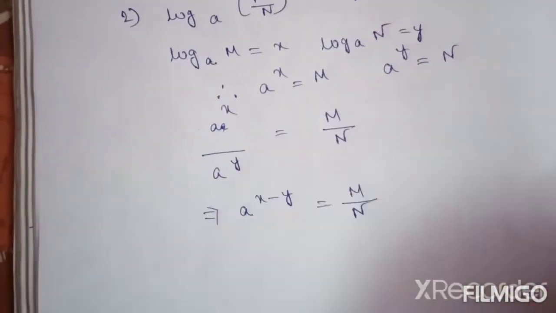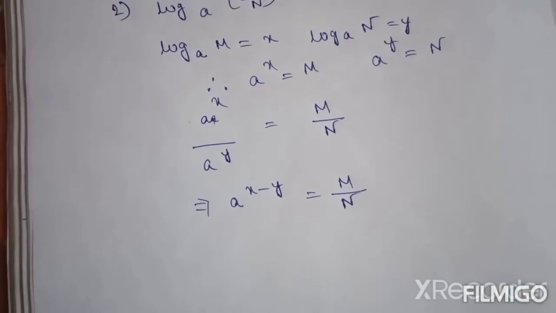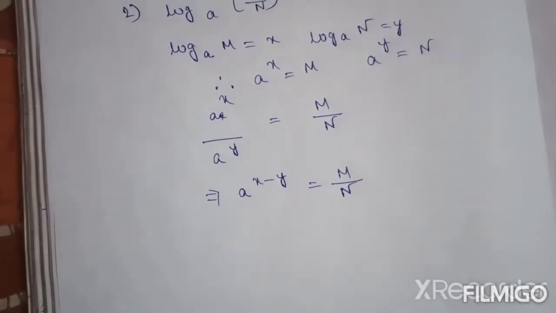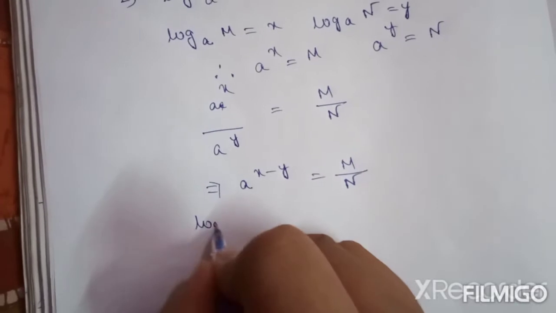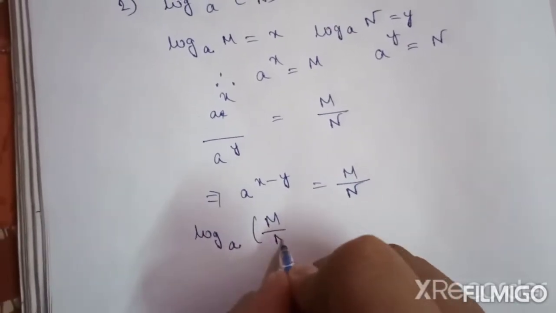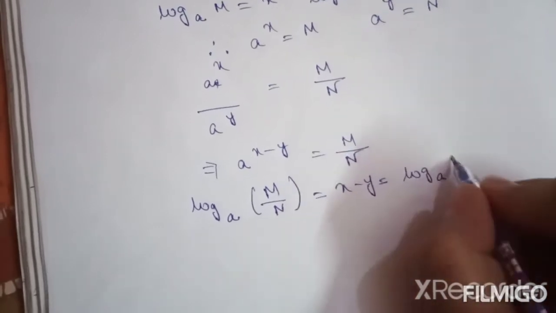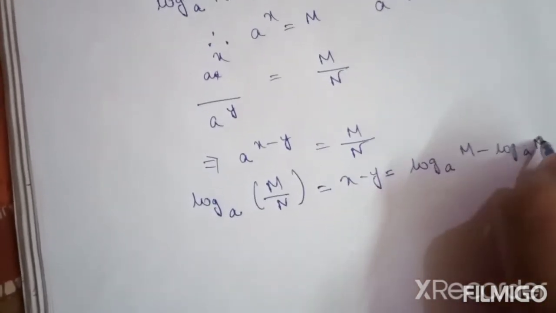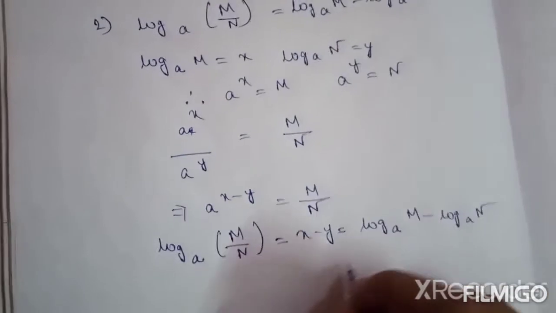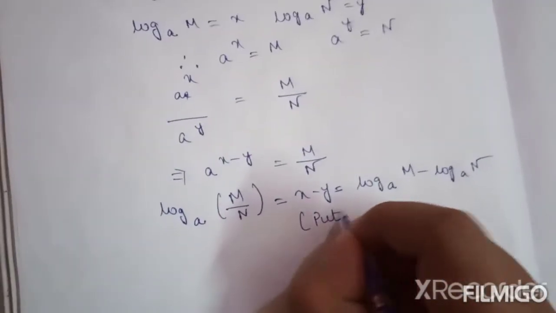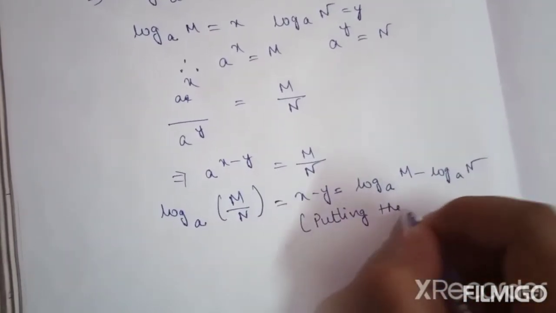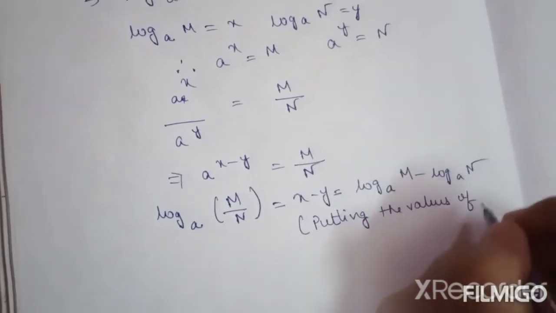As the bases are equal and we divide, the powers will be subtracted. So log a base m by n is x minus y, which is equal to log a base m minus log a base n. We have to remember these formulas, just putting the values of x and y.